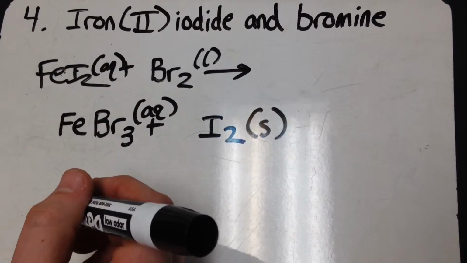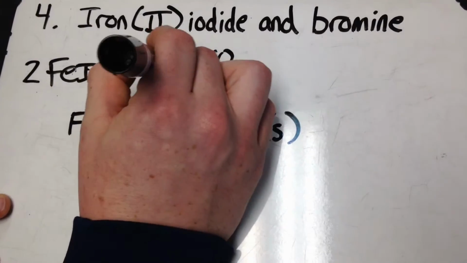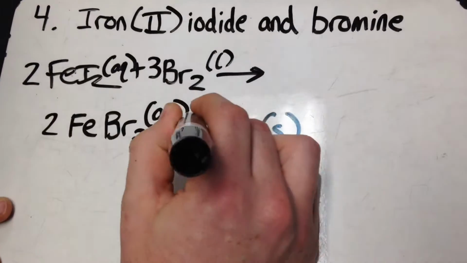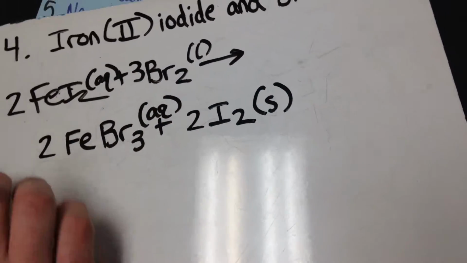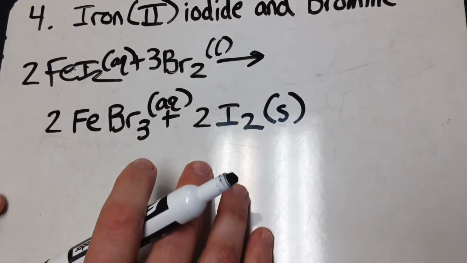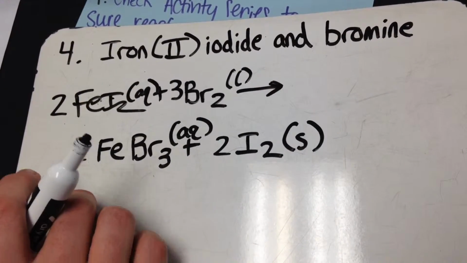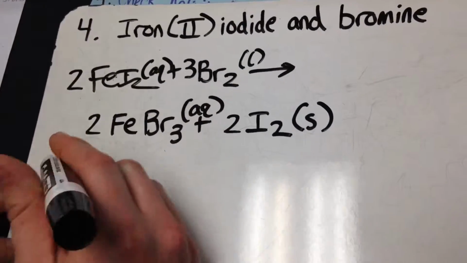Next is balancing. It is 2, 3, 2, 2, 2 giving 4 iodides on this side. You get 6 bromines, and 2 irons.